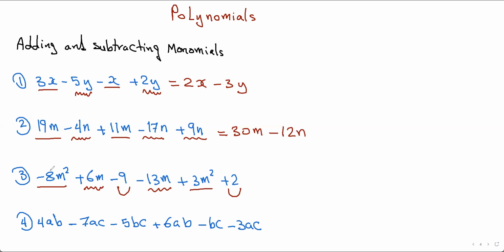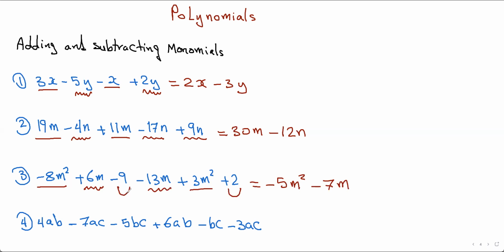So now I go negative 8m squared, jump over here because these are like terms right here. So negative 8m squared plus 3m squared, that will give me negative 5m squared. And now 6m minus 13m, that will give me negative 7m.